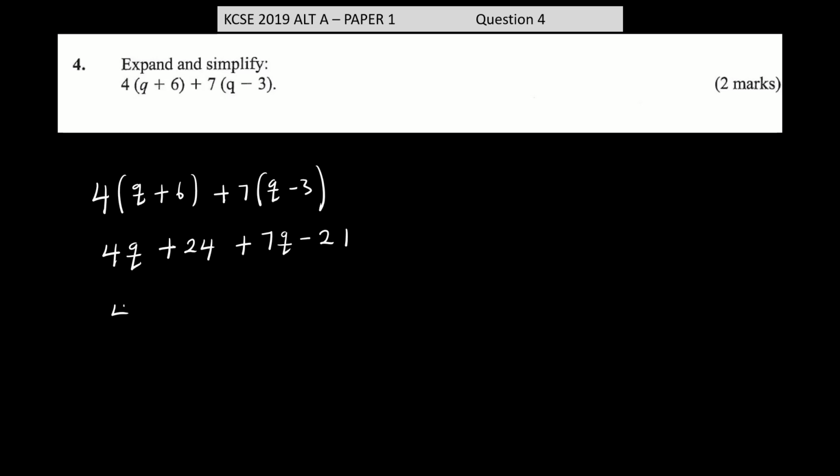We now have 4q plus 7q plus 24 minus 21, and 4 plus 7 is 11. 11q plus 24 minus 21 is 3, and this is the answer, 11q plus 3.